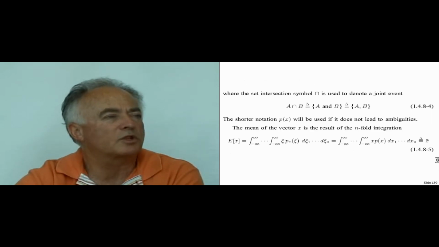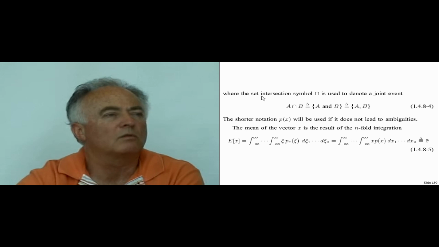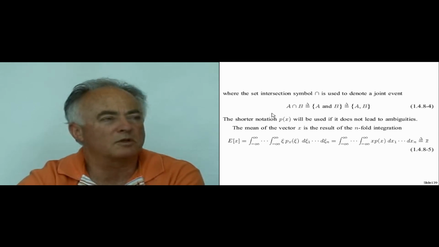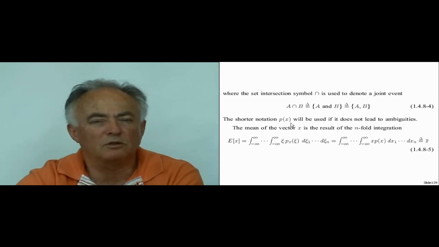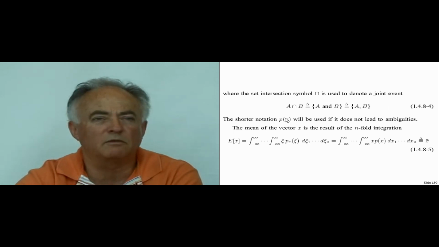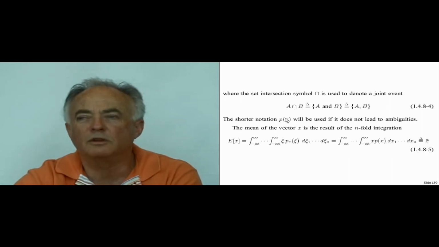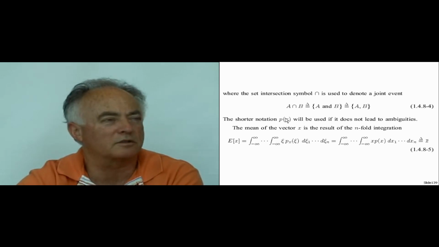And we use the set intersection again, just to repeat the notation. A intersection B is the same as A and B is the same as A comma B. And we prefer the short notation P of X, and again you see that we use the same notation for a scalar and for a vector, because we don't want to distinguish, and effectively every quantity we deal with is a vector unless stated explicitly that it is a scalar.